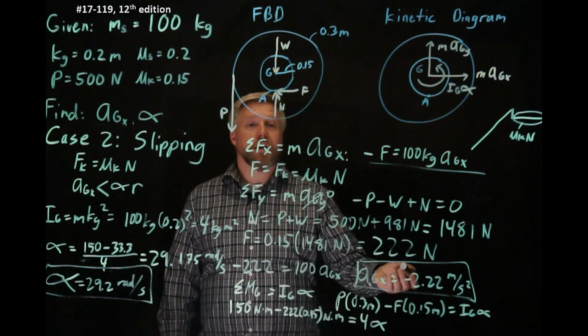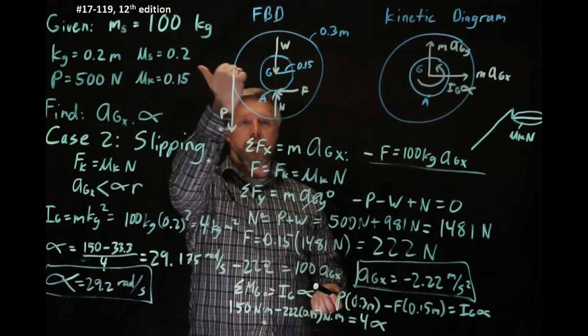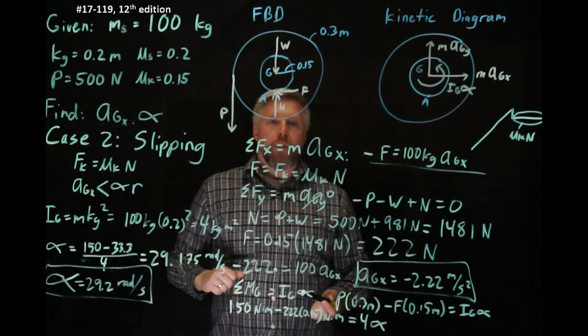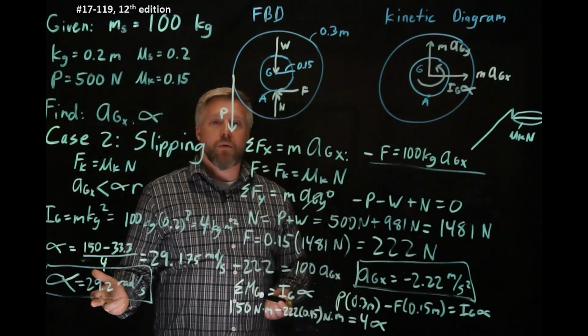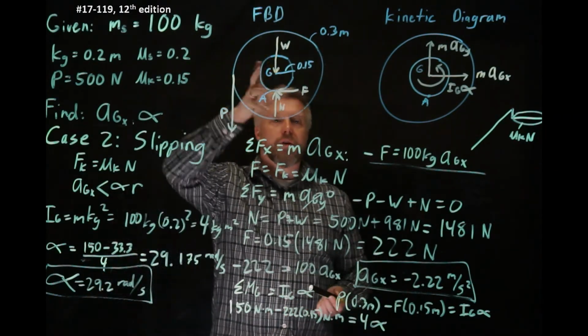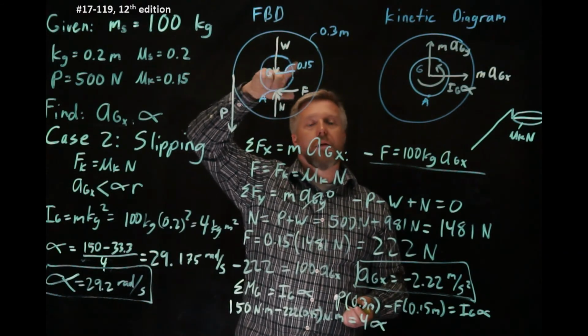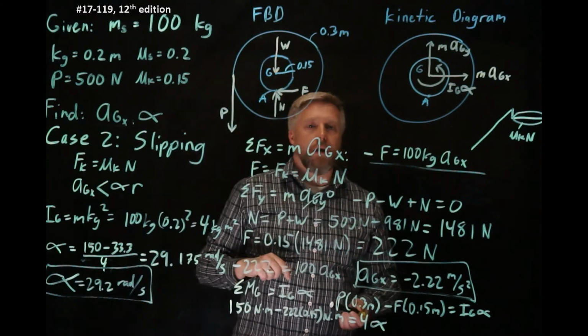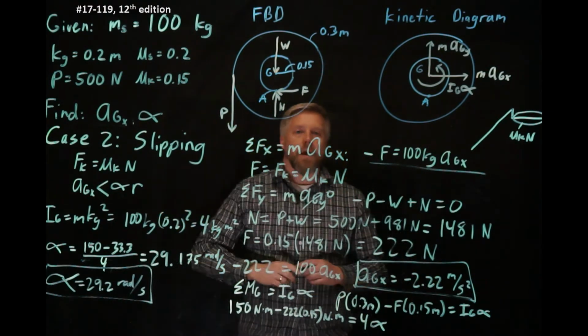So this AGX is less, meaning it's moving less quickly to the side, to the negative x direction. We also had an alpha of 24. We have a larger alpha now of 29.2, because of the slipping, it's able to have a larger angular acceleration. Okay, so this makes sense to us. These look like the right answers.